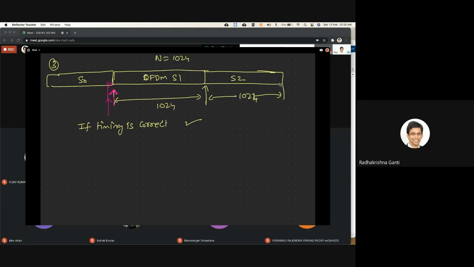That might be caused by noise or many other things. A 2-sample timing error is an engineering issue. Suppose there's some timing error. Then what is going to happen? You're going to start at this sample and collect 1024 samples.